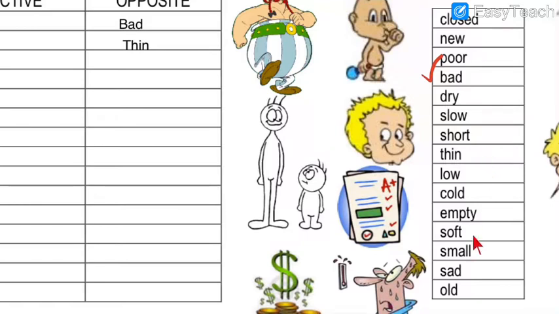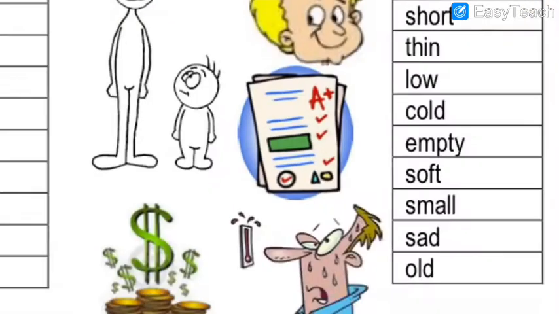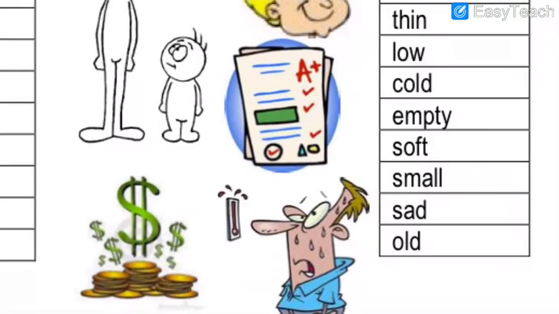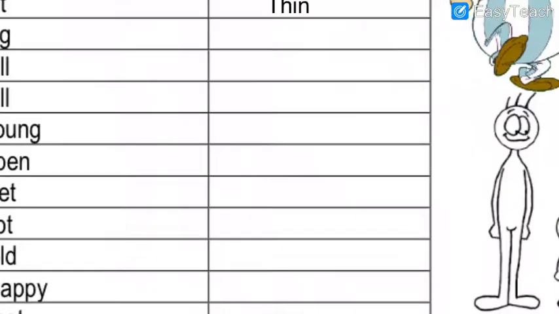Find out the answer from the list. 5, 4, 3, 2, 1, 0. So what is the opposite of big? Did you get the answer? Yes, the answer is right here, small.